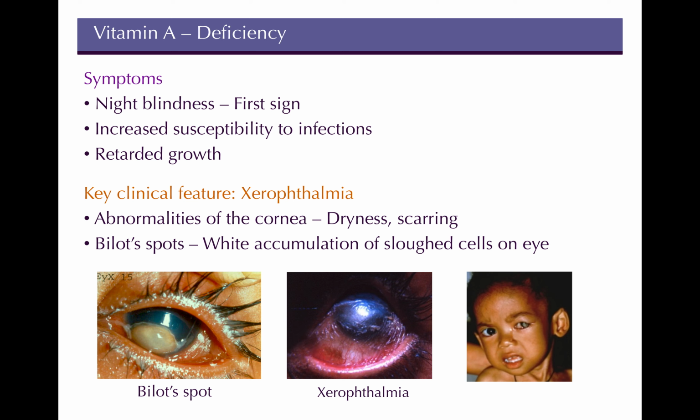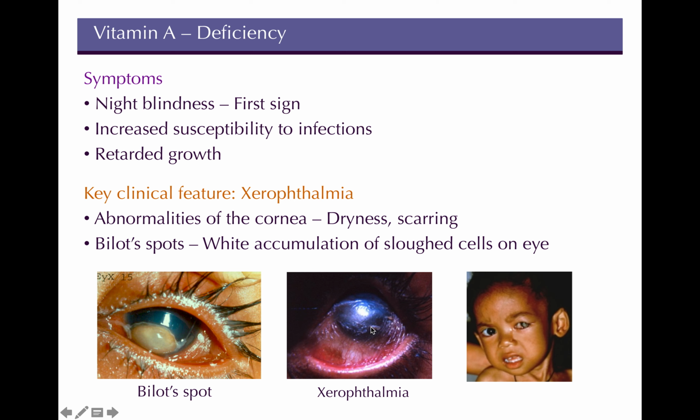And then the main clinical feature of this all has to do with the eye. The main clinical feature is called xerophthalmia. And that basically just means an abnormality of the cornea. So things that you'll see are drying and scarring of the eye. Usually looks like this. And then there are also Bitot's spots that will occur.